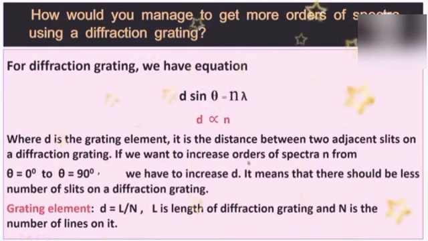If we want to increase the orders of spectra n from 0 degrees to 90 degrees, we have to increase d. It means that there should be fewer slits on a diffraction grating. Grating element d = L over N, where L is the length of the diffraction grating and N is the number of lines on it.